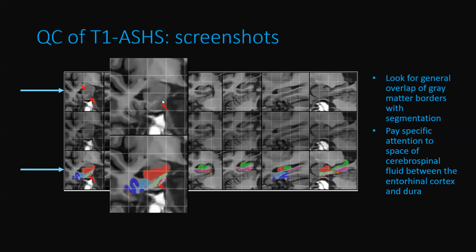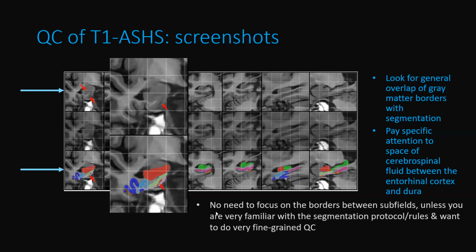You see there's this dark appearing space between the cortex and the dura, and the segmentation picked that up correctly. This is actually a common error that occurs, so this is something to be specifically on the lookout for.